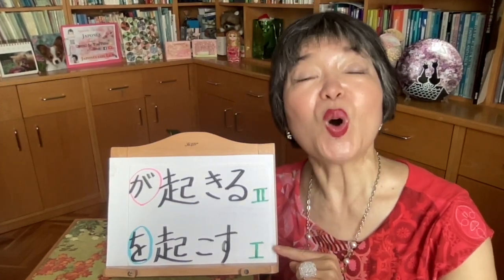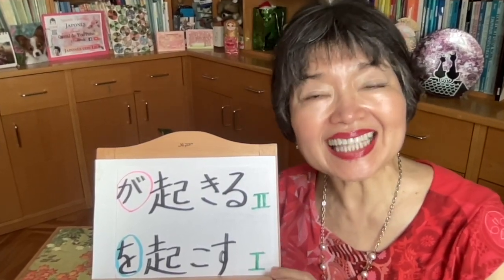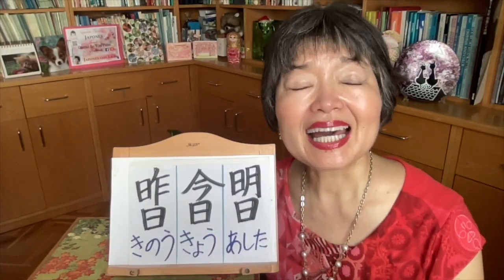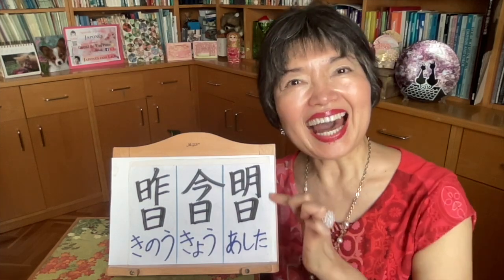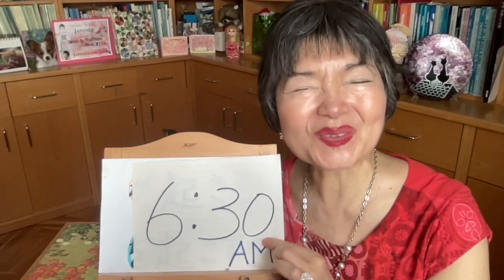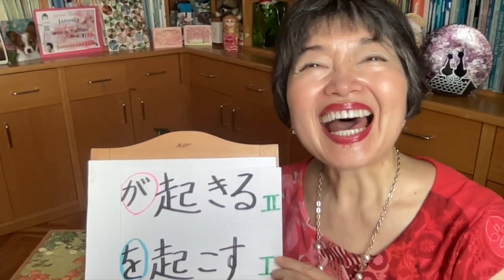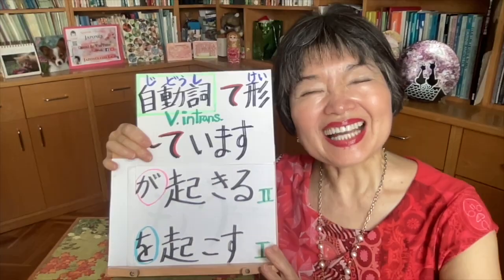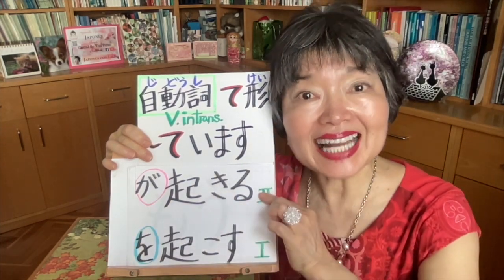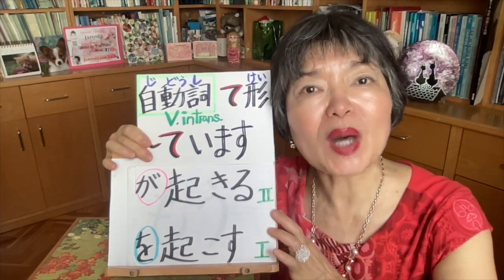Now the transitive verb, someone を起こす。I wake someone up. 起こす、起こします、起こして、起こした、起こさない。Wake me up at 6:30 tomorrow. 明日6時半に起こしてください。明日6時半に起こしてね。Now the state, to be awake. In this case, we must use the intransitive verb 起きる and 起きています, to be awake.